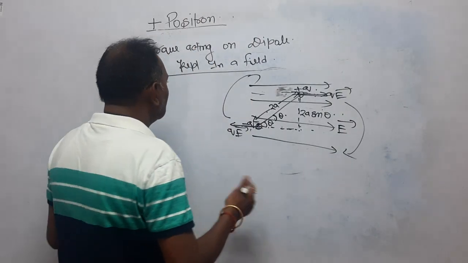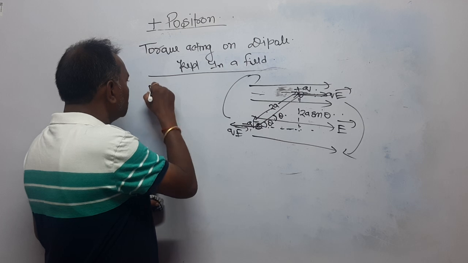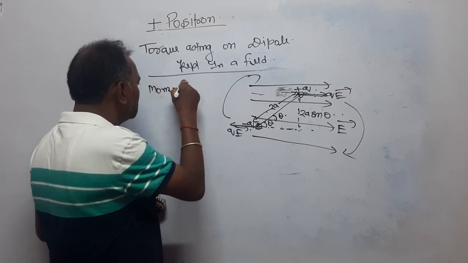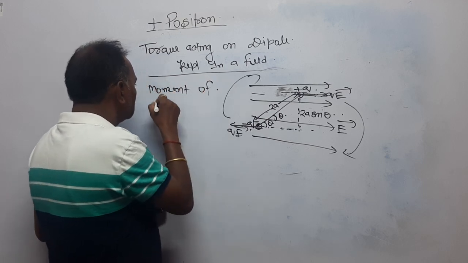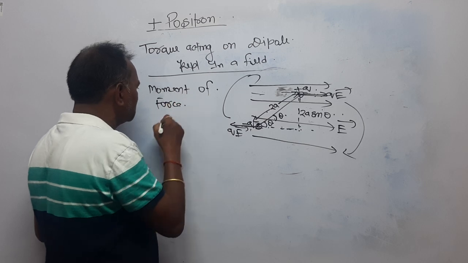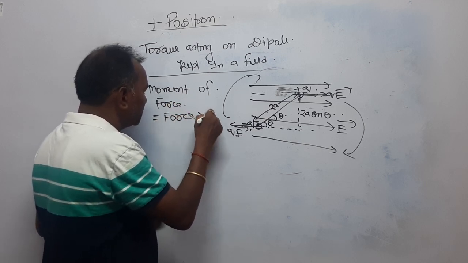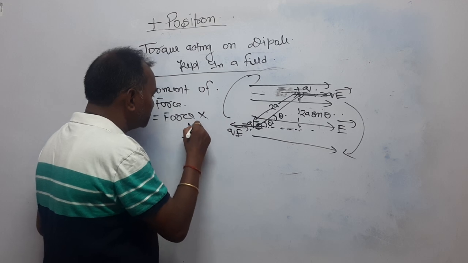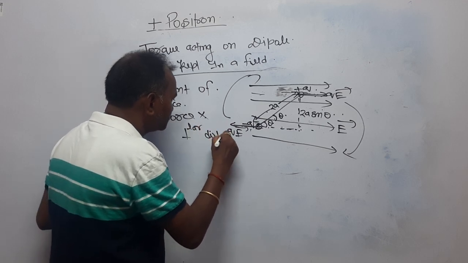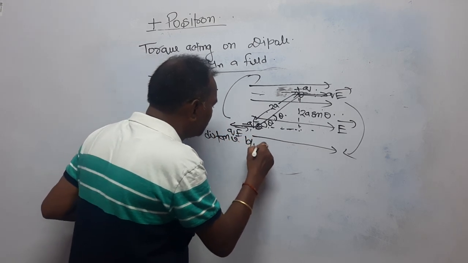And now look here, the moment of the force is equal to force multiplied by the perpendicular distance between the forces.